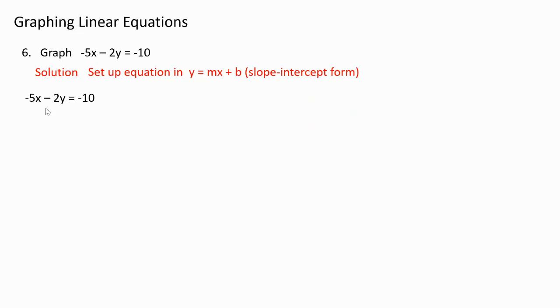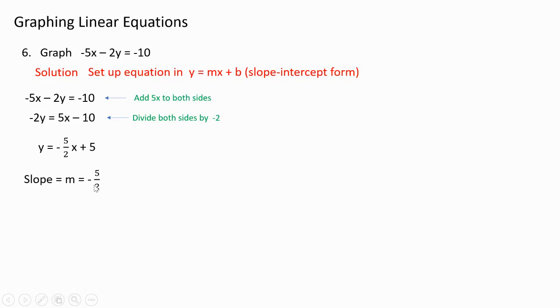So the first thing we do is add 5x to both sides to bring the -5x to the right side. So we're going to get -2y equals 5x minus 10. Then we divide every term, or both sides, by -2. So we're going to get y equals -5/2 x plus 5, because -10 divided by -2 will give us a +5.